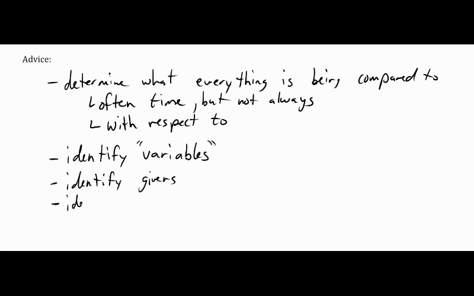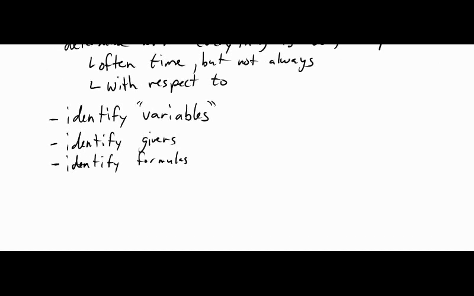We're going to identify any formulas that we might need, or hopefully the formula or equation that we're going to use to solve. And often we're finding a formula and we're going to take the derivative of that formula. So we're going to differentiate.